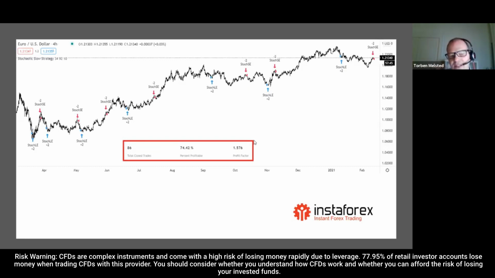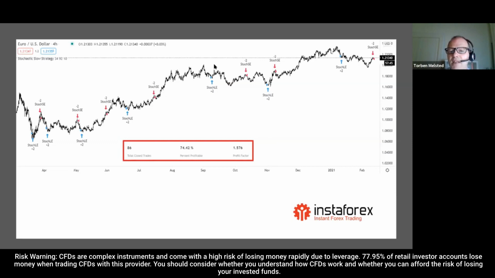But fake signals aren't always a bad thing, because if you get one or two, you know more or less that you are in a sideways movement.